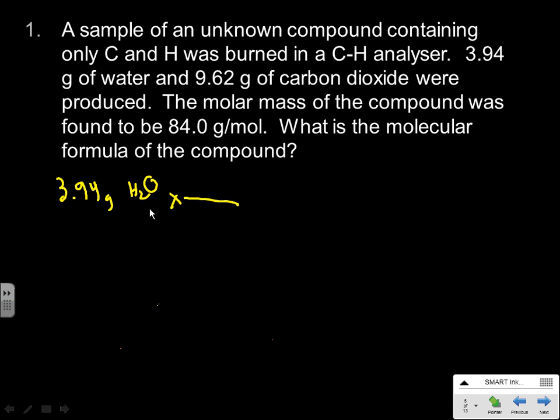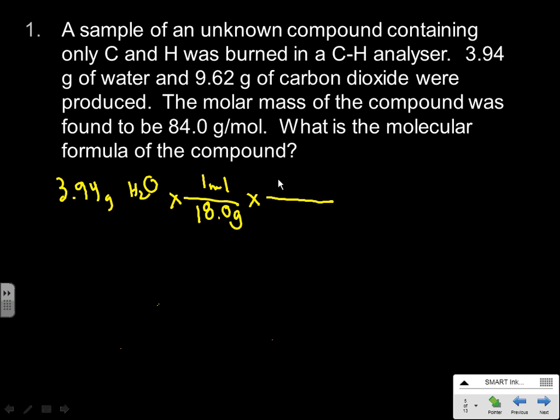We've done that quite a bit. I don't need to see it every time. It's 18. If you need to write it down, by all means do that. But it is 18 grams per 1 mole. And I'm not done yet, because that's going to get me moles of water.